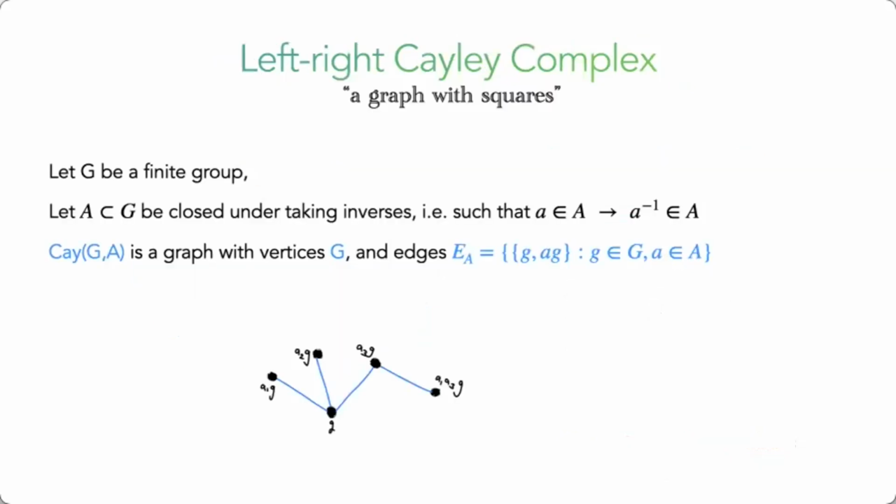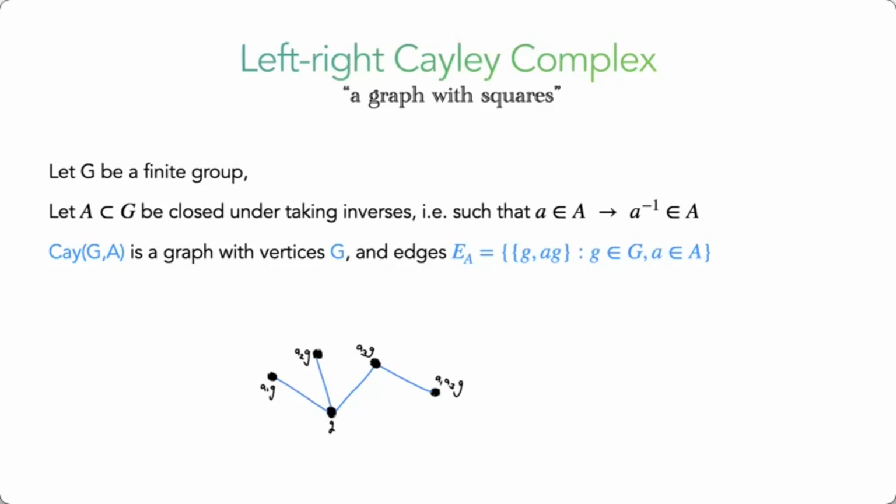Okay, so now I want to define this object, this left-right Cayley complex. It's not a complicated object, and from this, we will know what the squares are. So now we're moving to a slightly more algebraic situation. We have a finite group G, and let's recall what the Cayley graph is.